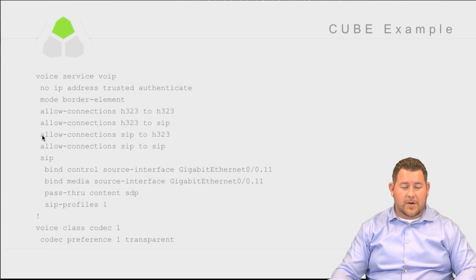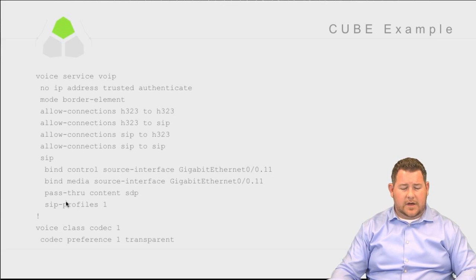So just go ahead and select all, copy those right into other routers, as well as this no ip address trusted authenticate command as well. So you can see here also we have bind control source, bind media source, and we're saying gig 0/0.11. So those specific interfaces are going to terminate the SIP process for both signaling and media as calls come into the router and go out from the router.